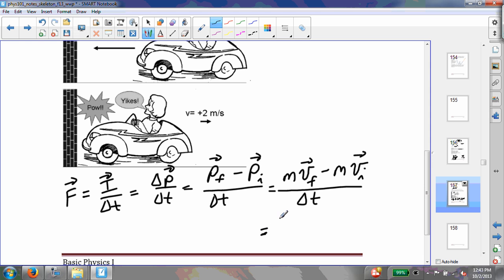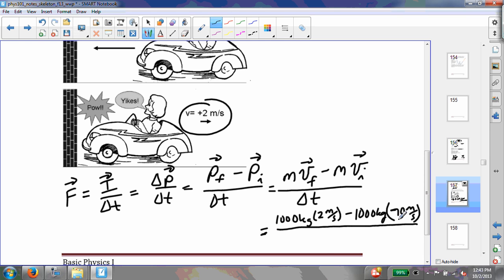So I have 1,000 kilograms times my final velocity, which is 2 meters per second to the right, so that's positive 2 meters per second, minus 1,000 times negative 10 meters per second, because my initial velocity was 10 meters per second to the left. And I'm told that all this happens in a very small amount of time, about a tenth of a second.